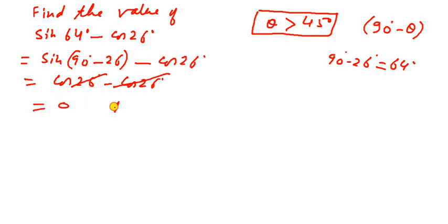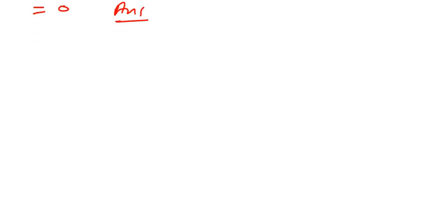You can check. And sin(90 minus theta) is cos theta, so here it is cos 26 degree minus cos 26 degree. Both cancel out, so it becomes 0, and 0 is your answer.